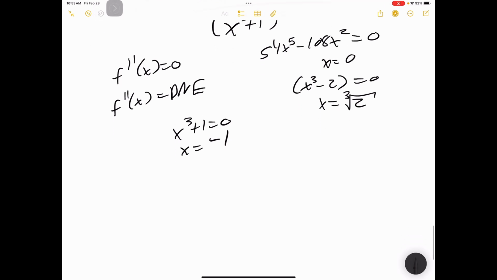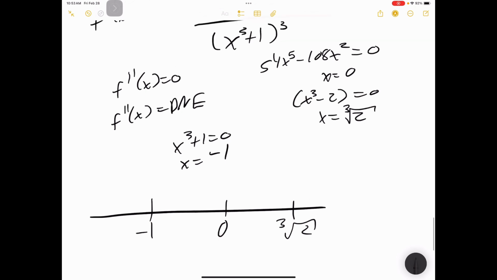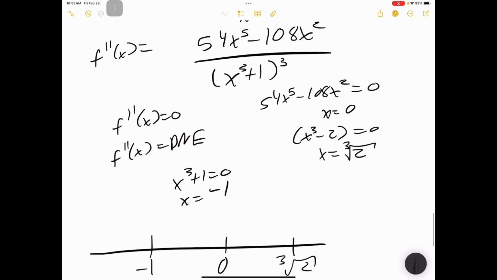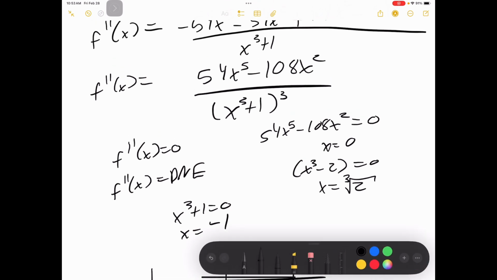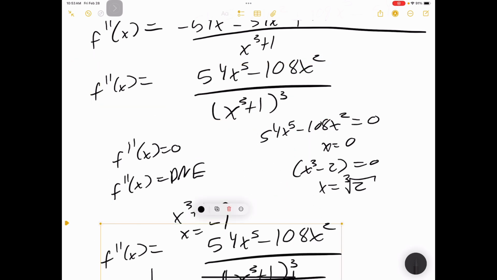We're going to look at the points between negative 1, 0, the cube root of 2, and that's all of our points. So we're going to look all around that for f double prime. Once again, I'm going to make a copy of f double prime of x, and we're going to use it.